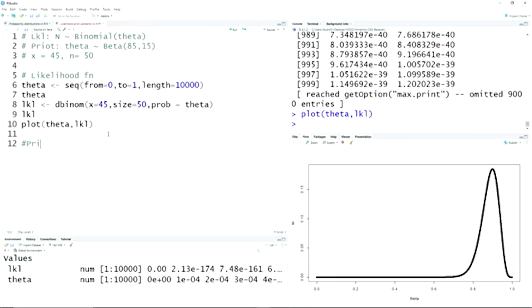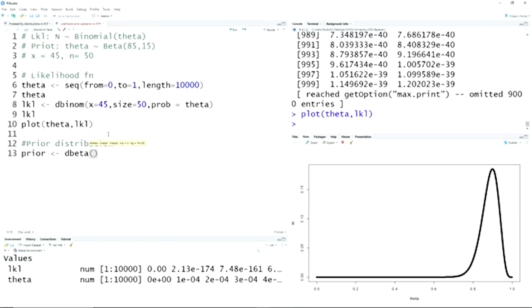What does the prior distribution tell us? Let us plot the prior distribution of theta. For the exact same vector of theta that we used for computing the likelihood, we can calculate the corresponding prior densities. What was our prior assumption? That theta comes from a beta distribution, so you can use dbeta to compute prior densities.